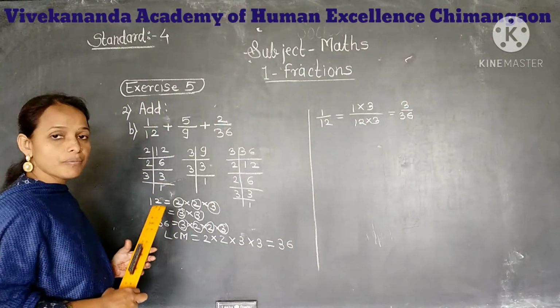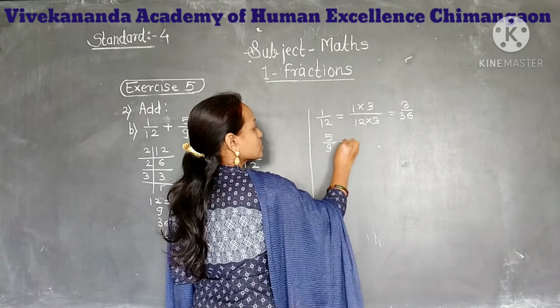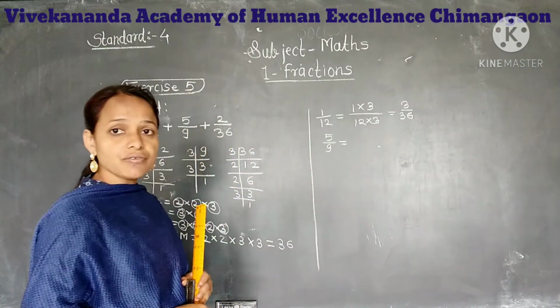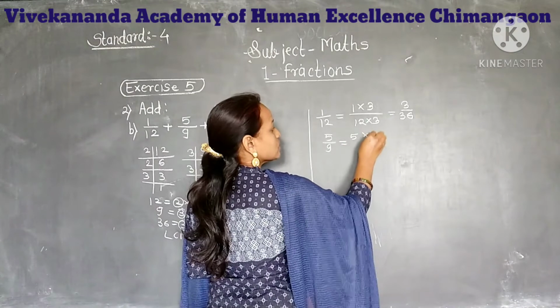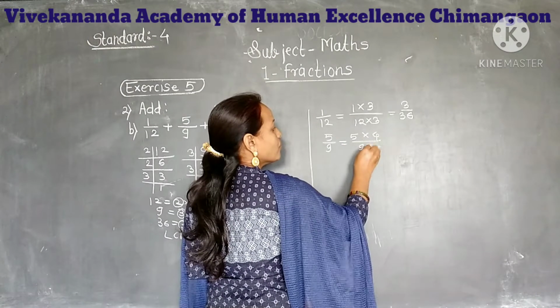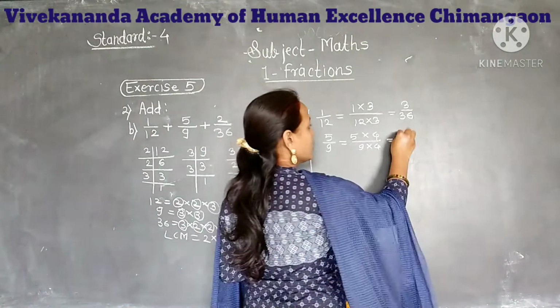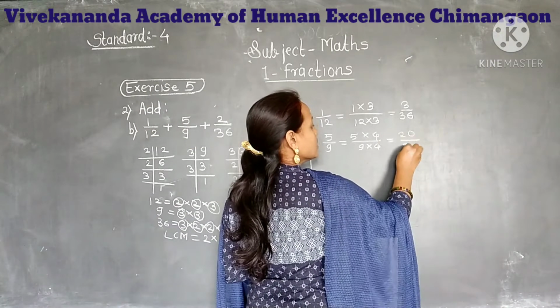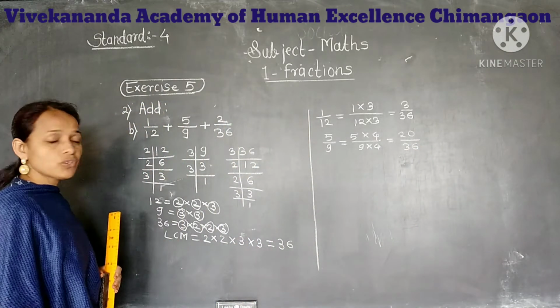Next fraction 5 upon 9. 9 4s are 36. So multiply 5 by 4 and 9 by 4. So we get 5 4s are 20. 9 4s are 36.